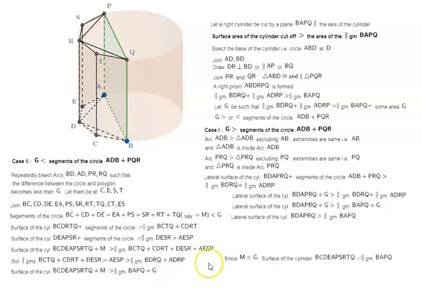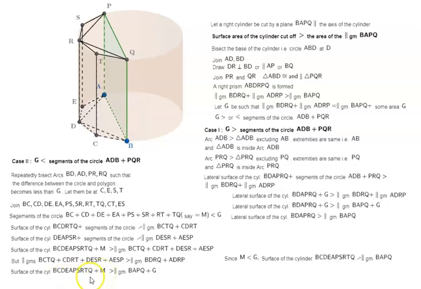Here comes the tricky part. Since M is less than G, because remember, G is less than segments of the circle ADB plus PQR, but M is the much smaller segments. So M is less than G. So if you look at this, we have this statement that the surface of the cylinder plus M is greater than BAPQ plus G. So if we remove M and G from both the sides, what happens?